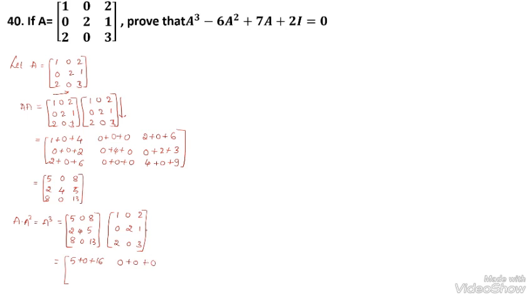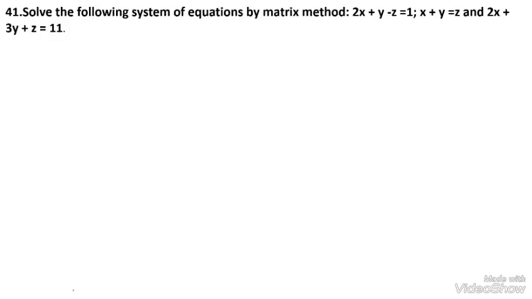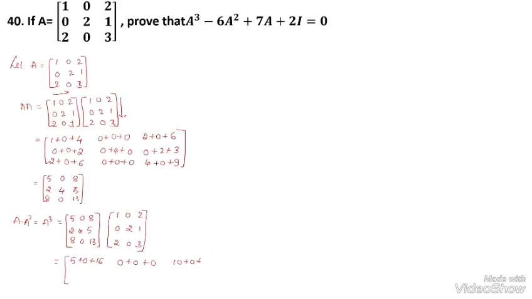Again 5 twos are 10 plus 0 plus 8 threes are 24. 2 ones are 2 plus 4 zeros are 0 plus 5 twos are 10. 2 zeros 0, then 4 twos are 8, then 5 zeros 0.